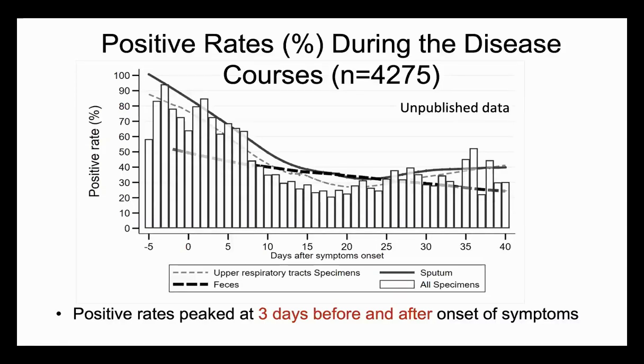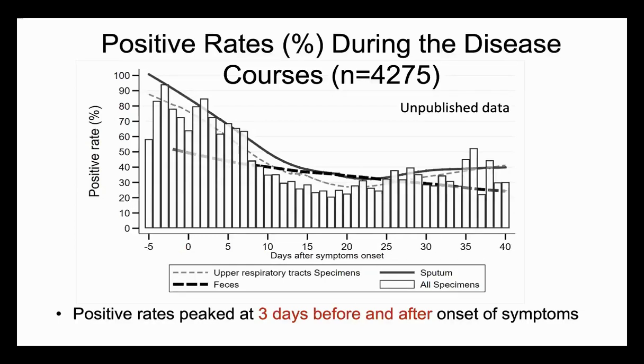The bottom is around 20% at 20 to 50 days after symptom onset. And the second peak was around 35% at 35 days after symptom onset.